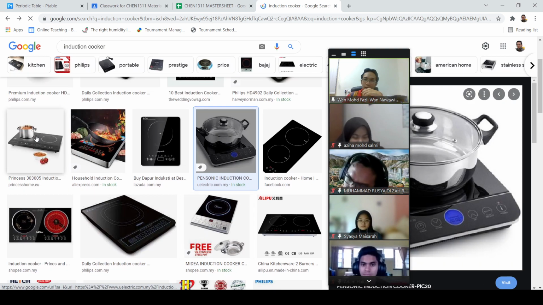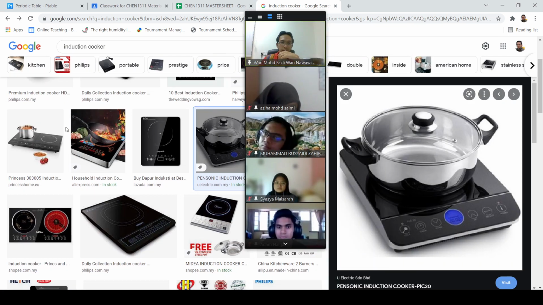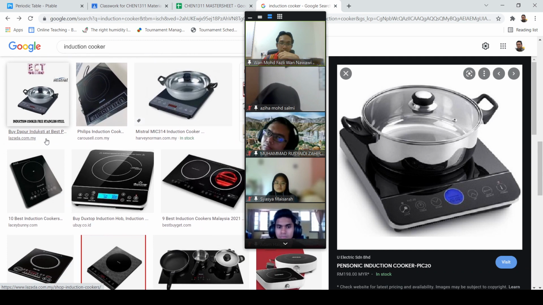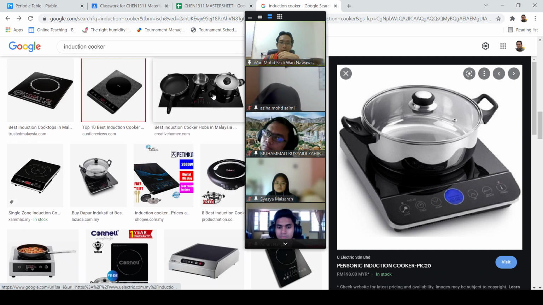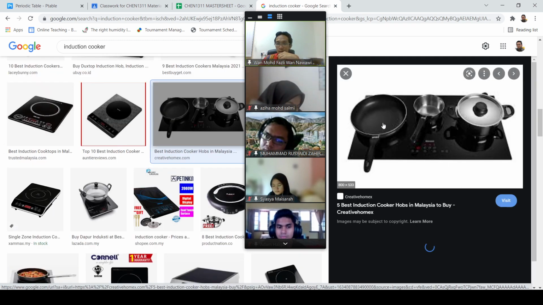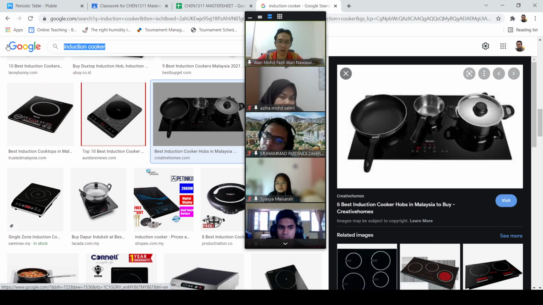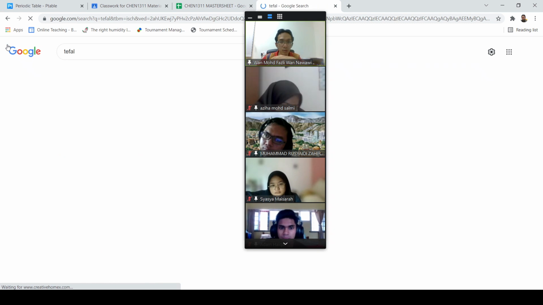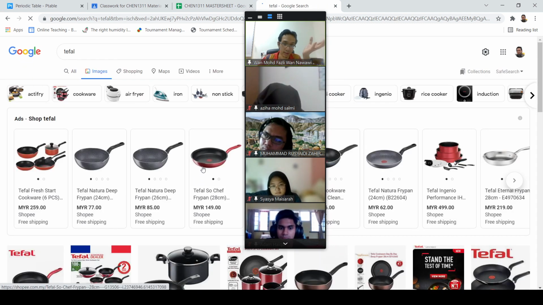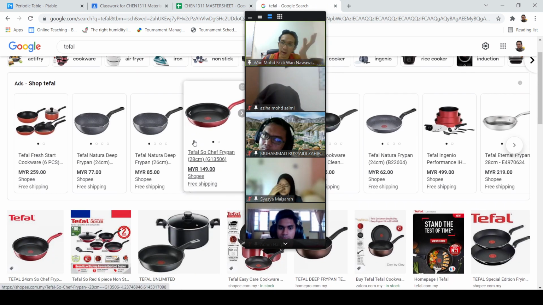That's why all the images there are stainless steel, right? All the images are steel. Even this Tefal, there are special Tefal. Tefal is cookware. There are Tefal that can be used on this induction cooker, which is magnetic, but there are some which are non-magnetic.